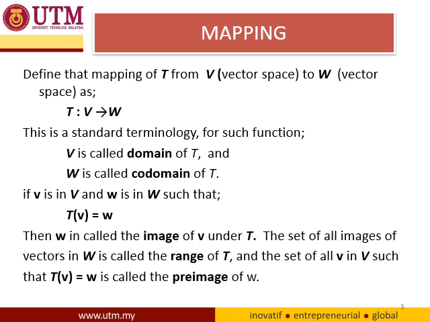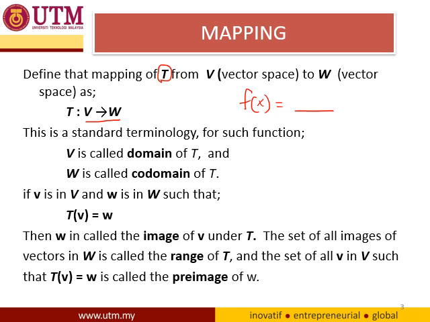Define the mapping T from V, which is a vector space, to W, also a vector space, as T: V to W. T comes from transformation. This is standard terminology for such functions. I think in your discrete mathematics class you learned about f(x) equals to what?